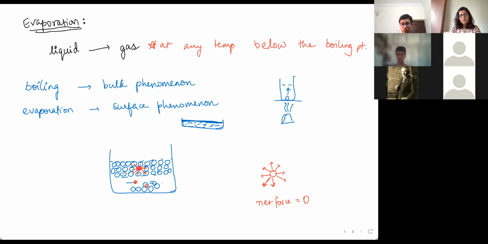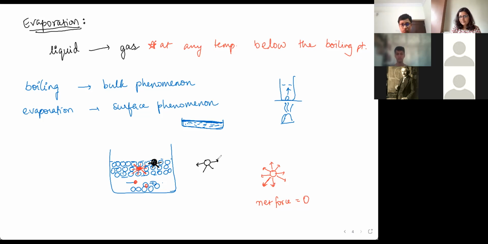Now, take a particle somewhere on the surface. Now this particle is experiencing forces only on one side. The surface particle, there is force here, here, here, and here. So upar se there is nothing else on top of this, so no other forces.